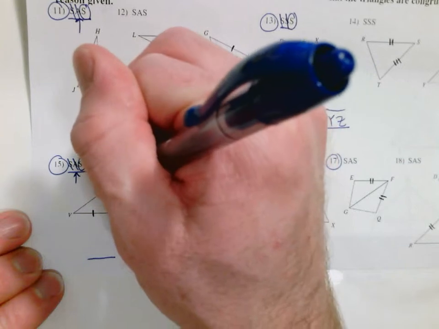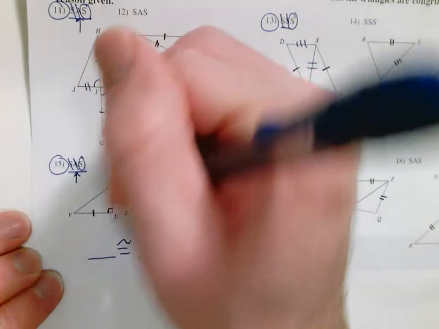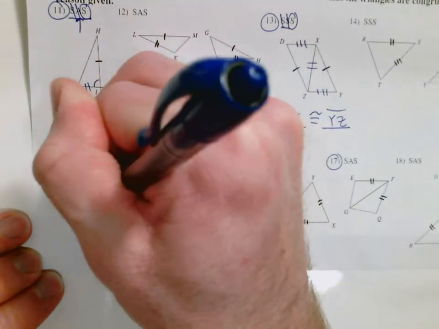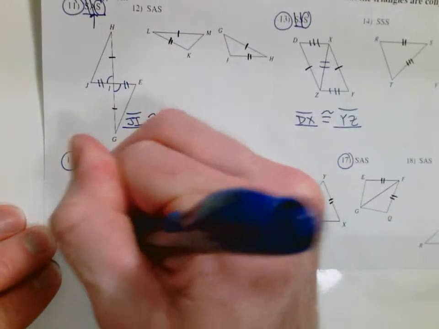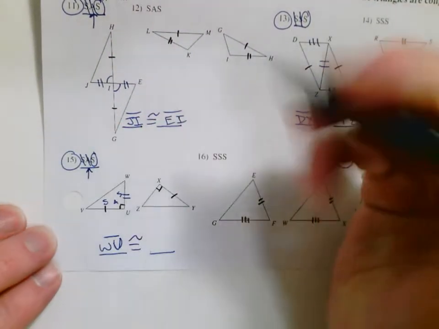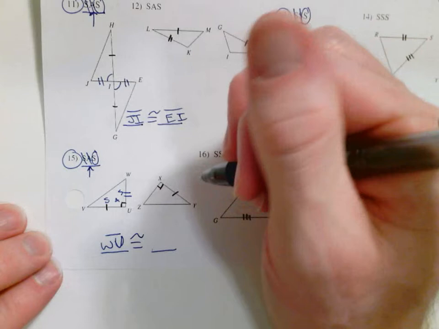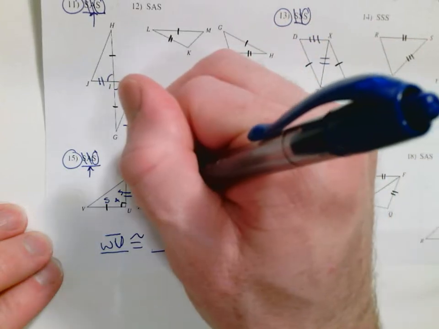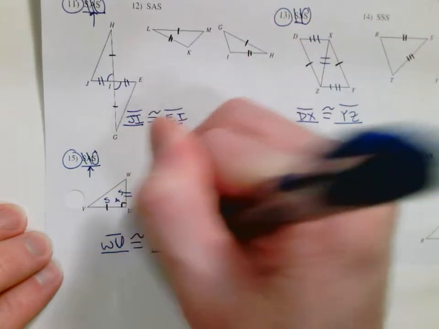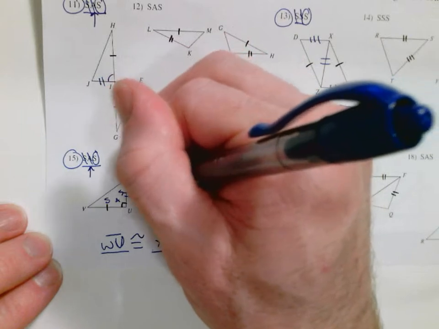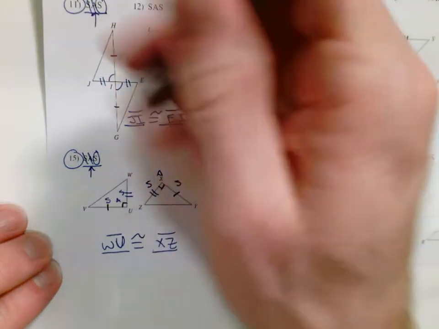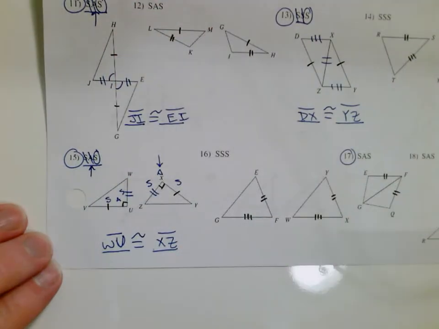So that means I must take WU, because once again, this would now be spelled SAS. The angle is included between the sides. Again, that's WU being congruent to XZ. And once again, the reason we chose XZ is because now that would be spelled SAS.